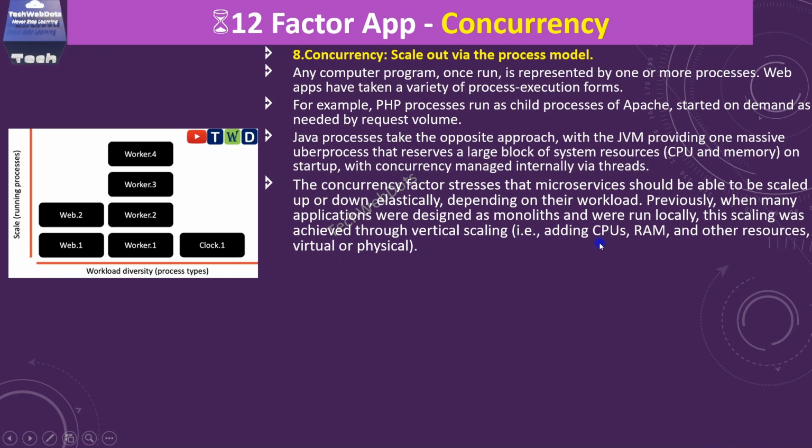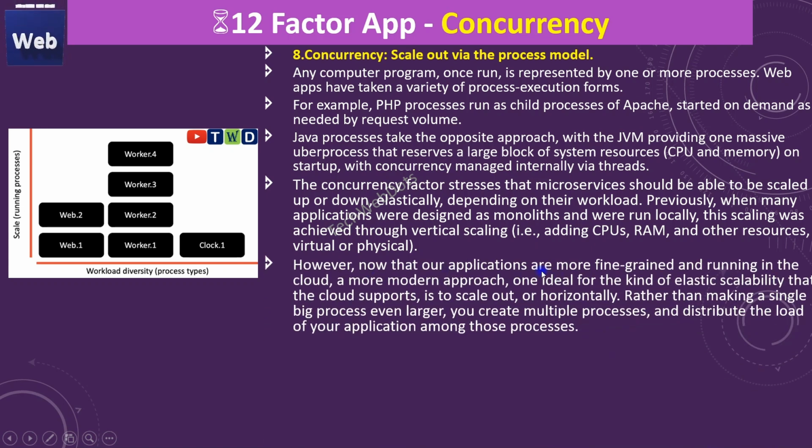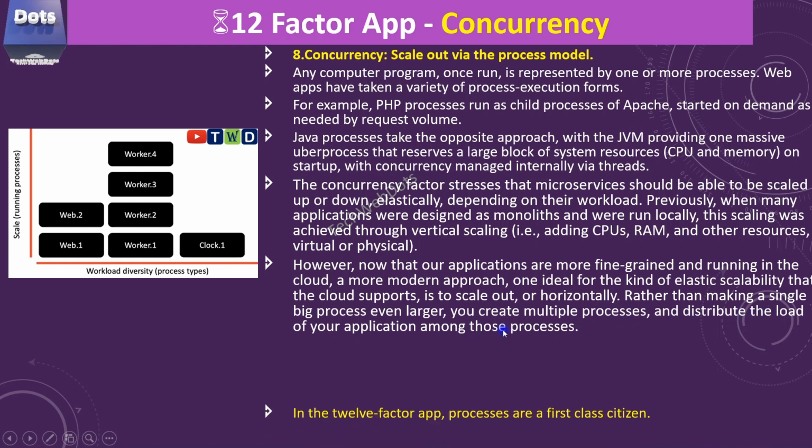It means we are adding more CPU, more RAM, and other resources virtually or physically. However, now our applications are more fine-grained and running in the cloud space. A more modern approach, ideal for the kind of elastic scalability that the cloud supports, is to scale out horizontally. Rather than making a single big process even larger, you create multiple processes and distribute the load of your application among those processes.